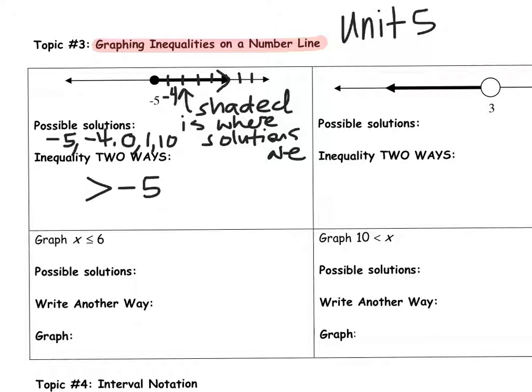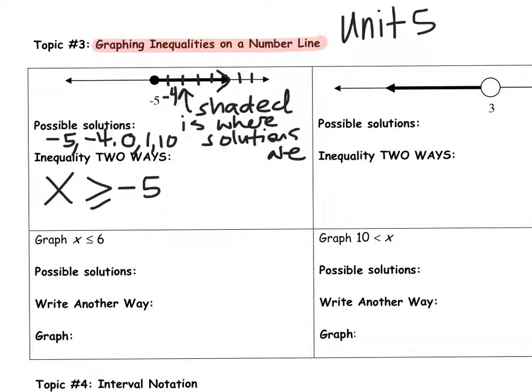So I really shaded greater than or equal to -5. Now I just put a variable in front, because what we're saying is that x, our solutions, are any number greater than or equal to -5. All of these numbers, if you plug them in for x, would make this inequality true.